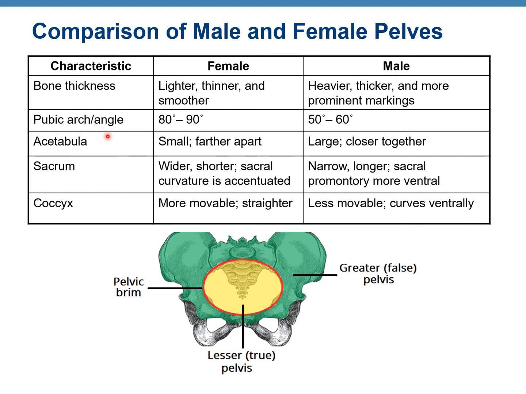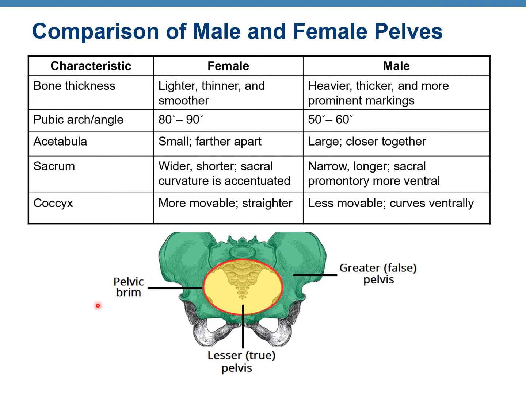Now, if you look at the pubic arch, which is right here, this angle, in a female the pubic arch angle is 80 to 90 degrees. In a male it's smaller, about 50 to 60 degrees, and then it's a male pelvis.